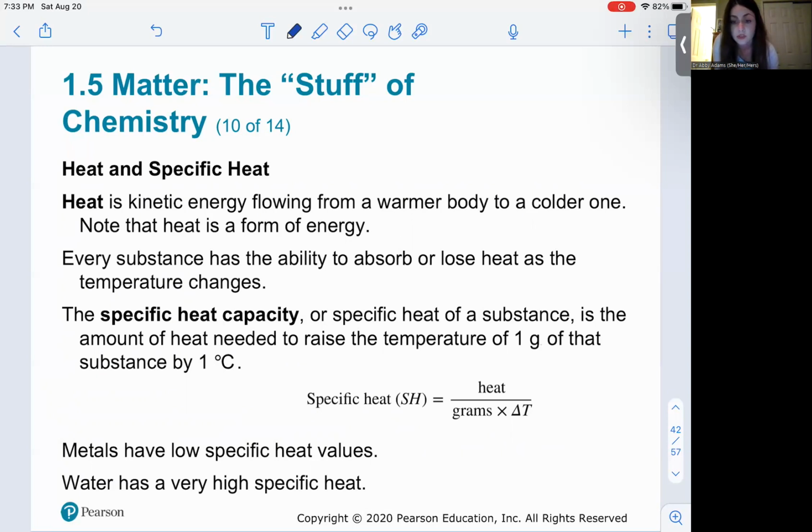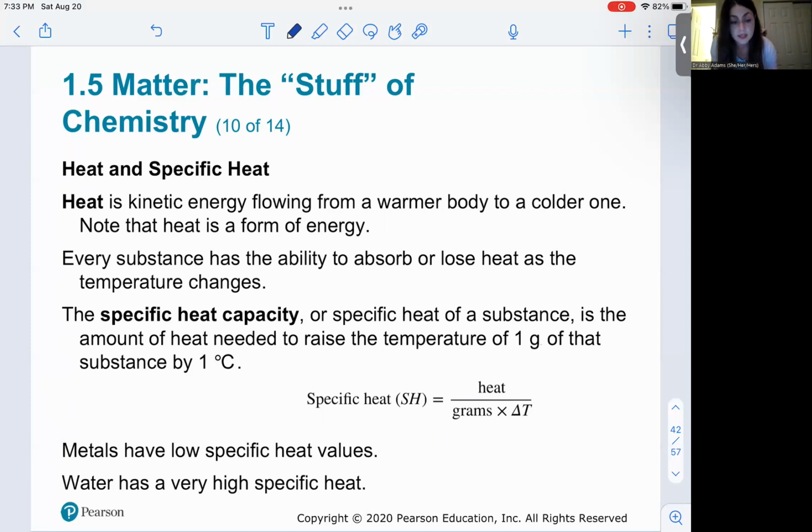It's a transfer of energy from a warmer body to a colder one. Just like that's happening whenever you have a glass of ice and you decide to add water to that ice. Okay, so the warmth of that water is transferred to that ice and the ice melts. So you see that happening, all right?